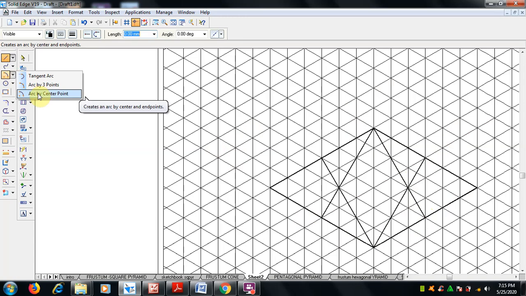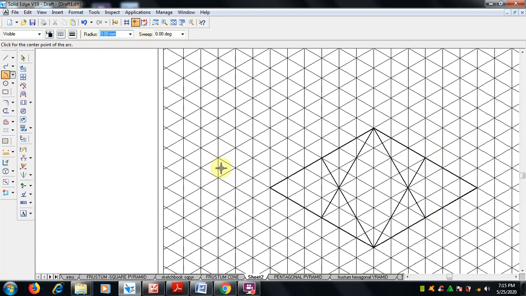Select arc by center point method. In here I am selecting this. You take your compass and keep the compass and the pencil area here, and take the radius, and we can make the arc to complete this arc. So by selecting this and this as the radius, make the arc and complete it here like this.